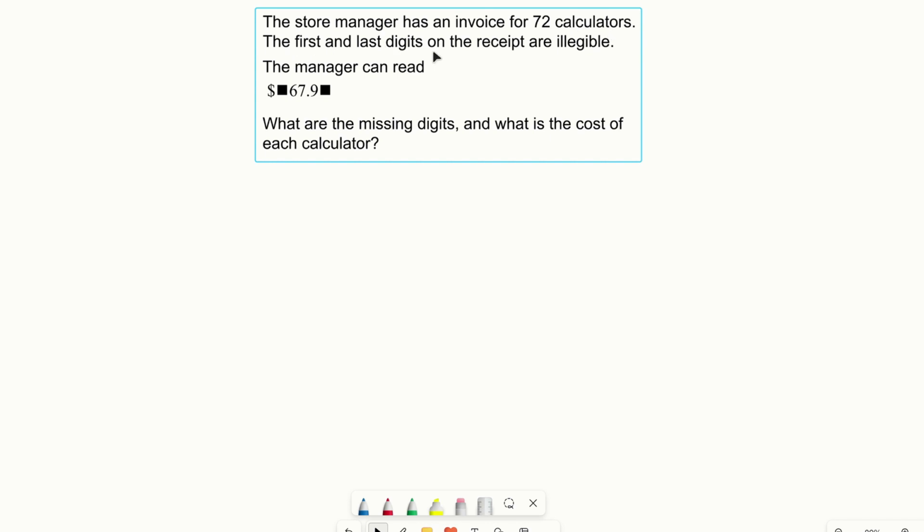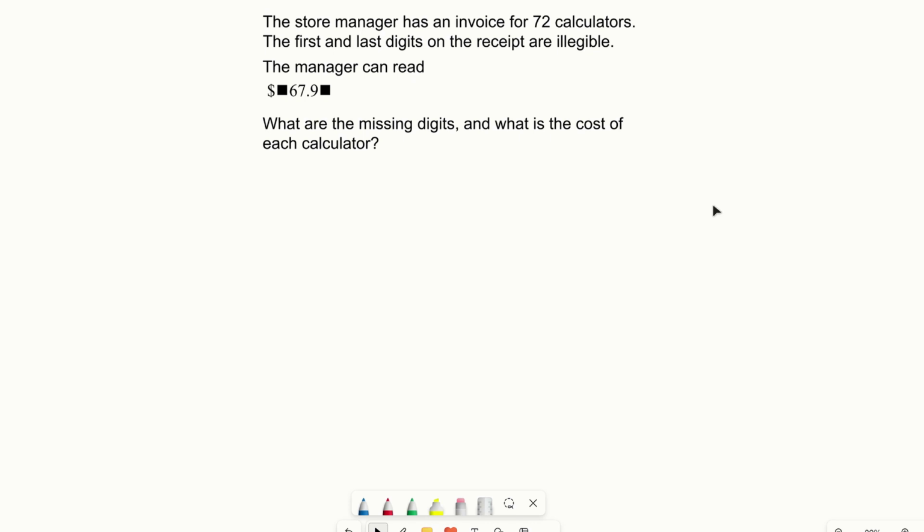The first and last digits on the receipt are illegible, and the manager can only read those digits, right? We want to know what the missing digits are and what the cost of each calculator is. Seems like a daunting task, but you can see that divisibility will come to the rescue.